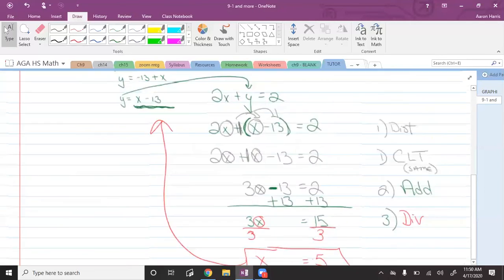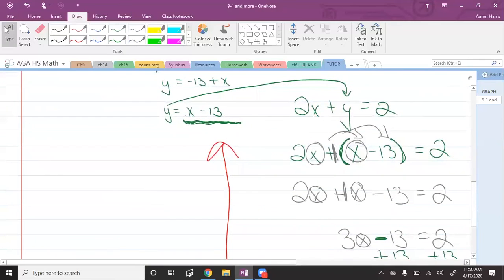Yes. Doesn't that say y is equal to x minus 13? So instead of writing an x, what can I write? Y equals 5 minus 13. There you go. And what's 5 minus 13? That would be negative 18.